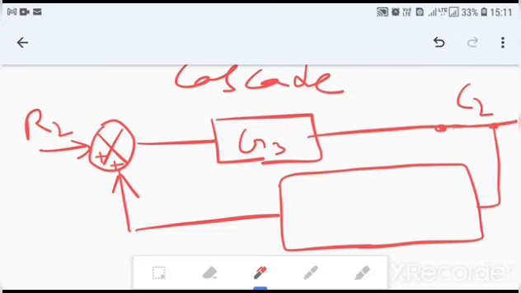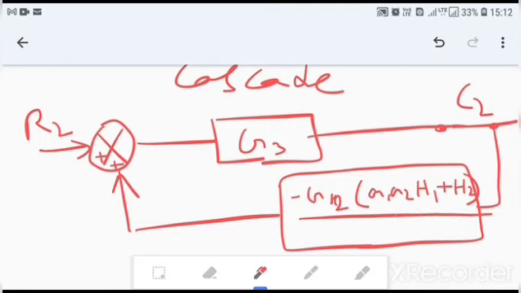So what we get when we multiply is G2 into G1 G2 H1 plus H2 divided by 1 plus G2 H3, into G2.